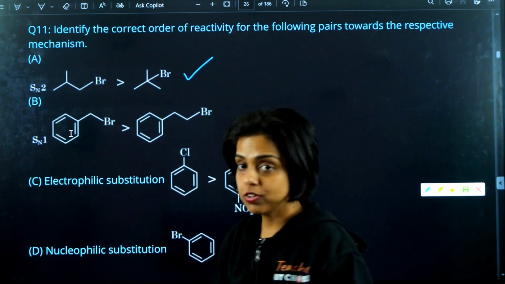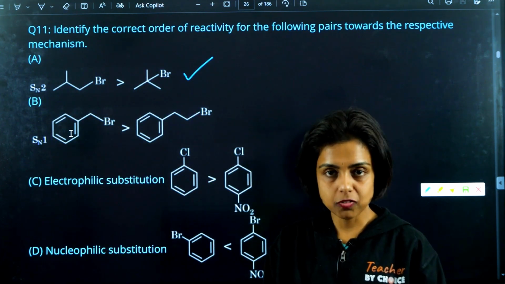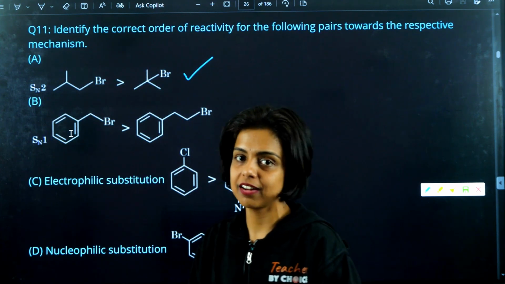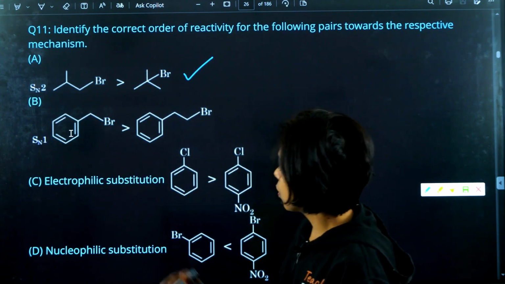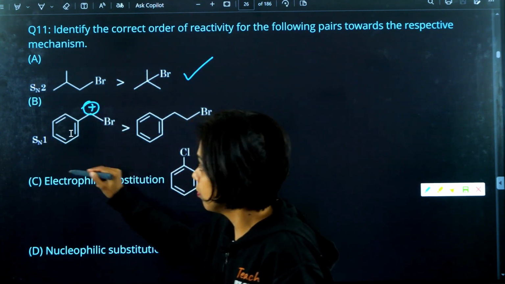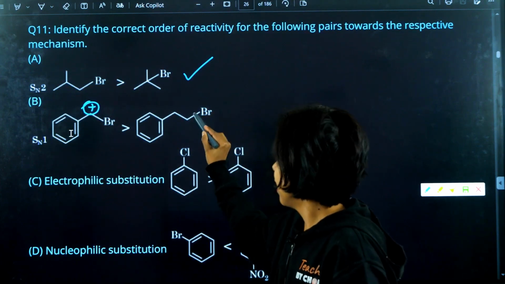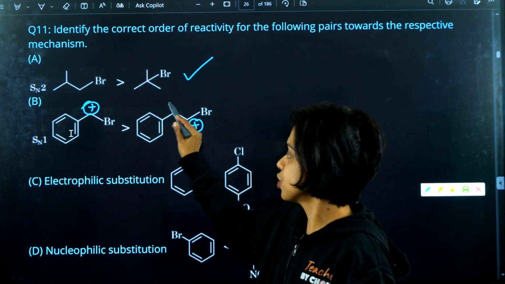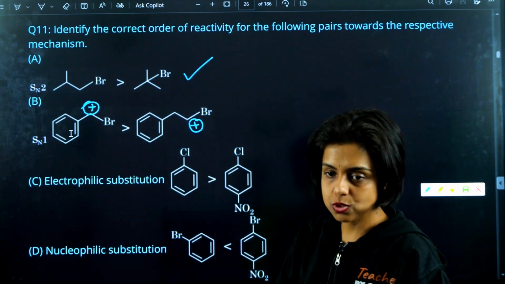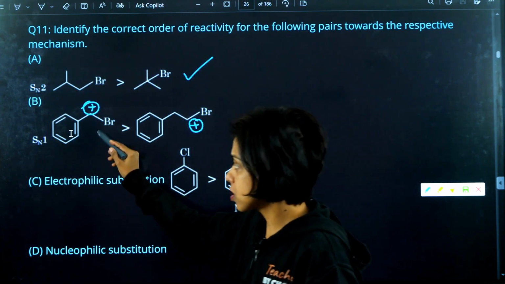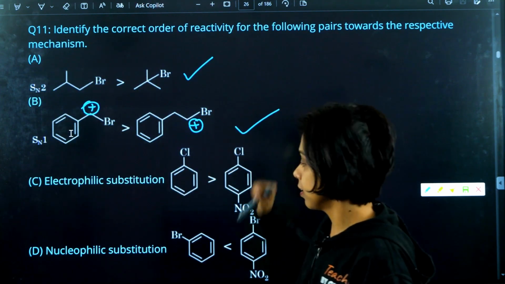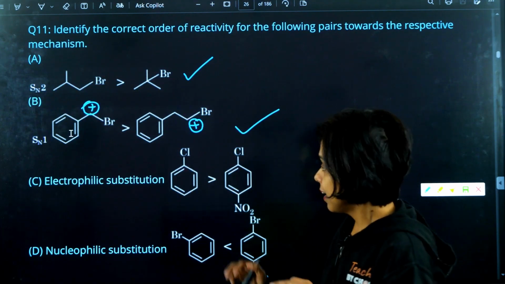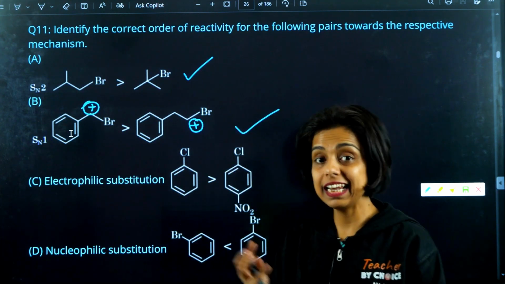Next, SN1, which takes place via carbocation formation. The one with the more stable carbocation will react faster. Here the carbocation formed will undergo resonance, so it is a resonance stabilized carbocation. So this is also correct. Next, electrophilic substitution.